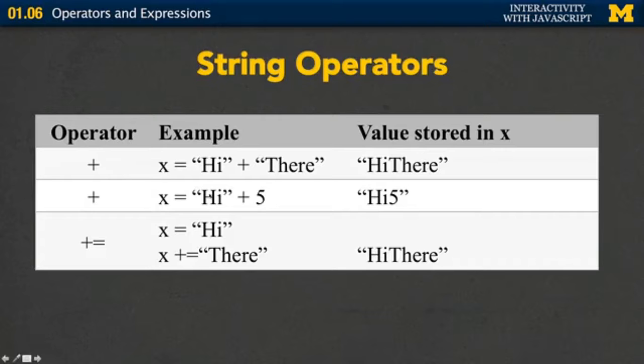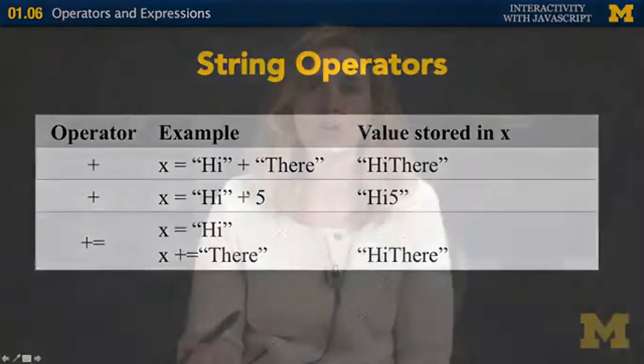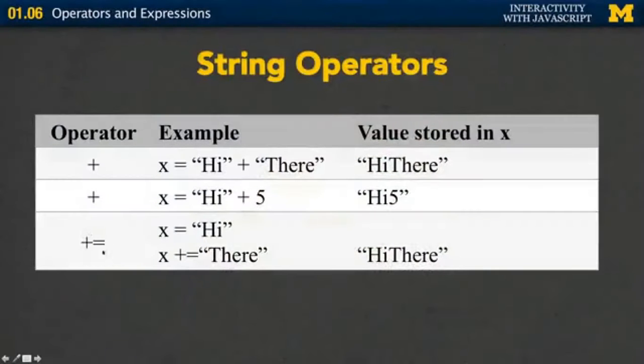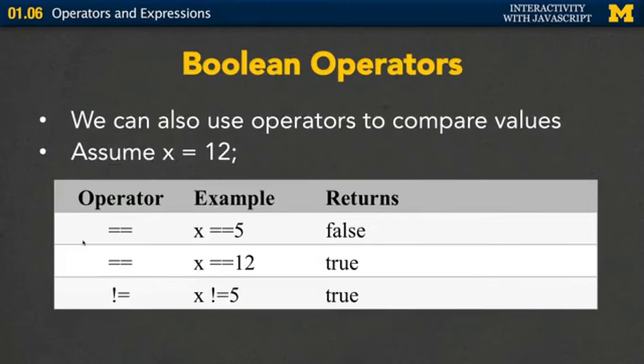In the same case, if I have a string and a number and I use the plus, it's going to be concatenation. So you want to be careful when you're playing with this, because anything that's read in from a prompt is a string. So you're going to need to make sure that your output is what you're expecting. The plus equals has the same effect as the plus equals from before. It just means take whatever I used to have and concatenate this new part onto it. Those first few operators we used usually to assign values to a variable.